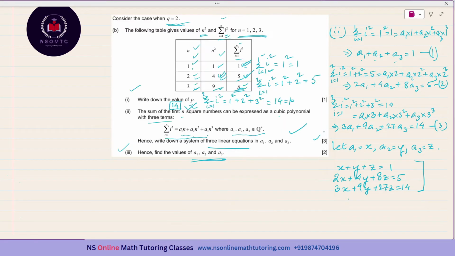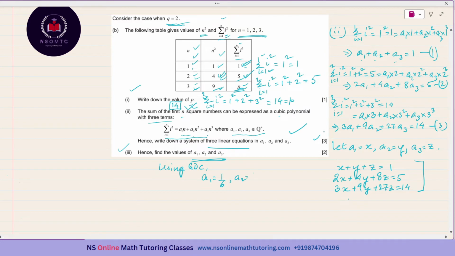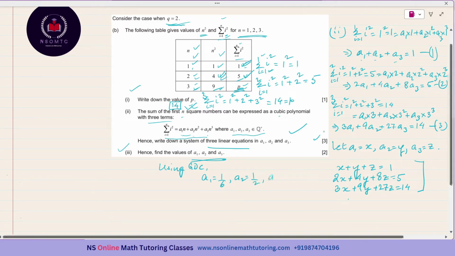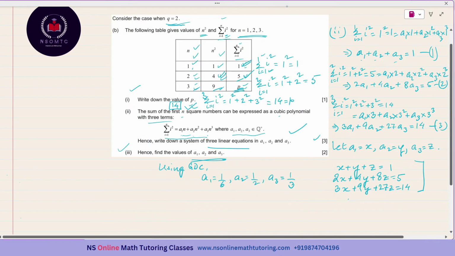So A1, using calculator or using GDC, A1 is equal to 1 over 6, A2 is equal to half, and A3 is equal to 1 over 3. Again, I'm showing you A1 is equal to 1 over 6, A2 is equal to half, and A3 equal to 1 over 3.